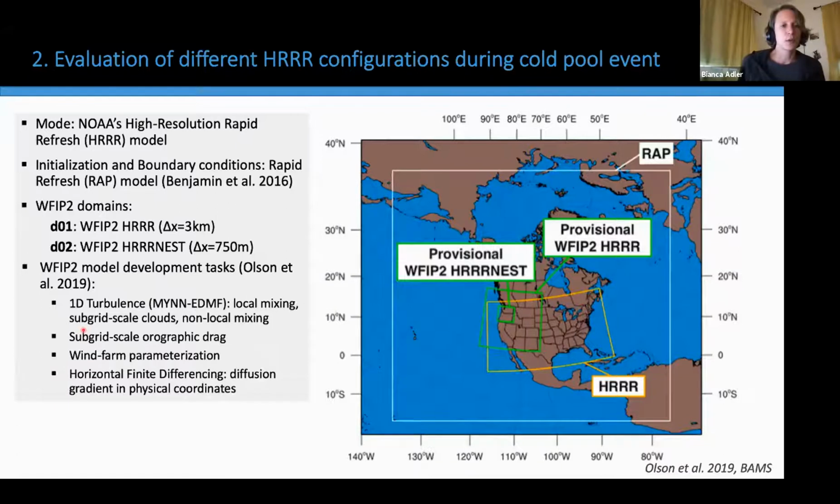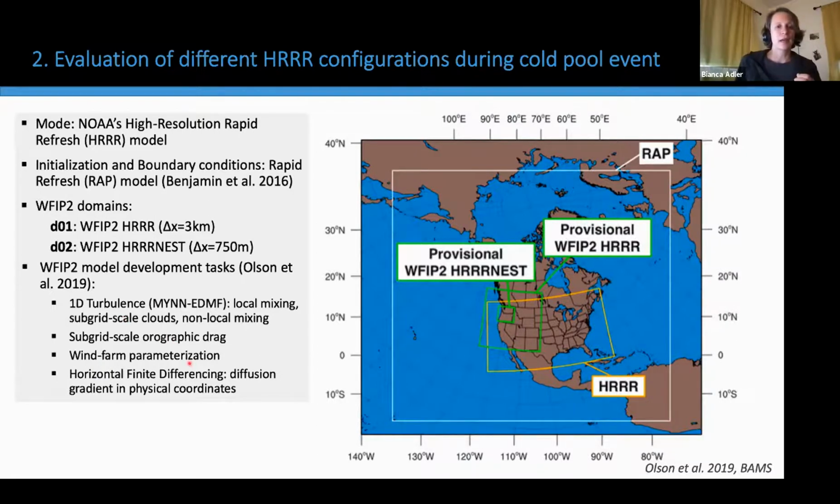The other thing which was improved was the subgrid scale clouds, which now better represents subgrid scale stratus and cumulus, and also helps with the simulated shortwave downward radiation. Another thing under focus was the subgrid scale orographic drag and wind farm parameterizations.